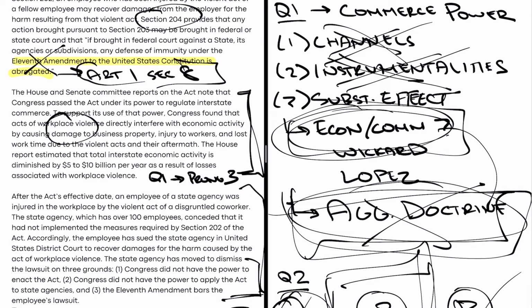They're saying this has a substantial effect on interstate commerce. They estimate that the total interstate economic activity is diminished by $5 to $10 billion per year as a result of losses associated with workplace violence. They're saying in the aggregate, workplace violence causes tons of loss in interstate commerce. That's why we are saying that this activity has a substantial effect on interstate commerce. That's why we can regulate it with this statute.